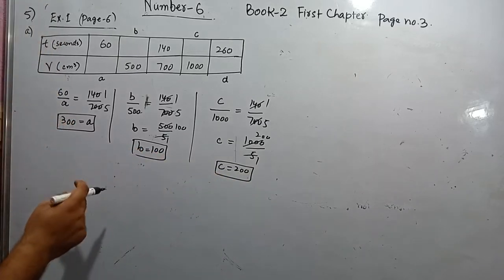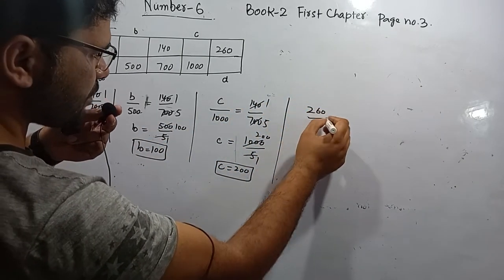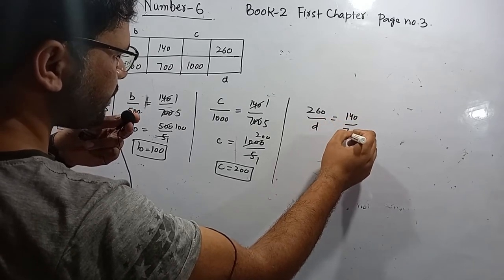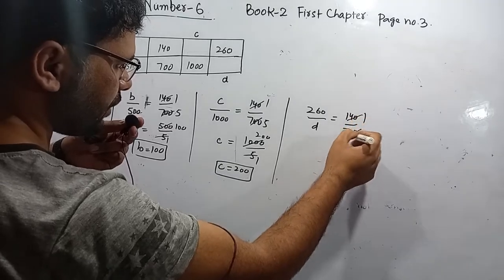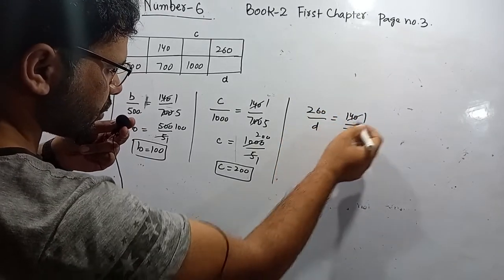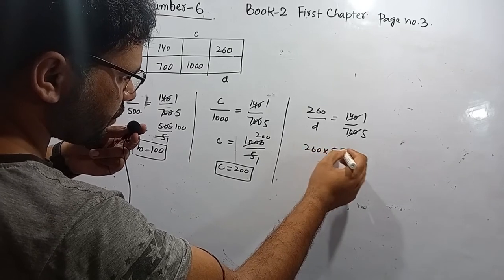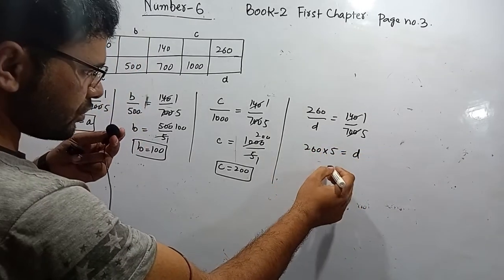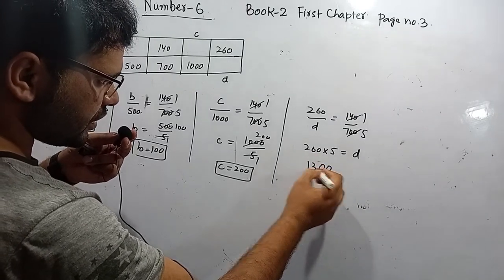Now coming to the next, that is D. I can write 260 upon D equals 140 divided by 700. So you can see here it's 1 by 5. So 5 will go here and D will go here, cross. It is 260 into 5 is equal to 1 into D. You get 1300.